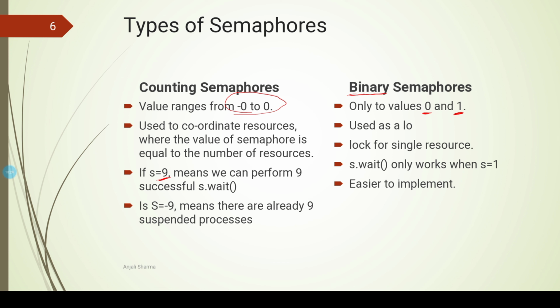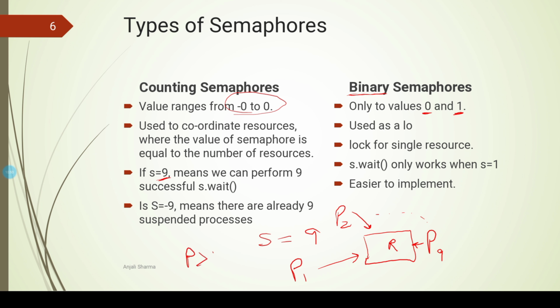Now in a counting semaphore, if we initialize the value, let's say to 9, it says that at a given point of time, only 9 processes are allowed to access a given resource. As soon as the number of processes gets greater than that, the processes will get blocked in the waiting queue.